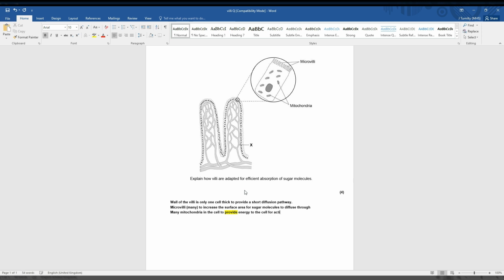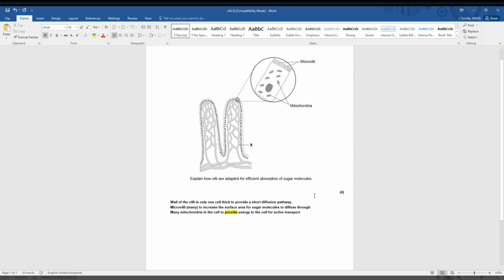for active transport, because some of the glucose will diffuse through the cell. Once we reach a sort of equilibrium, so we've got the same concentration on one side of the villus compared to the bloodstream, then diffusion will slow down and eventually effectively stop. So active transport needs to take over to actually force the sugar molecules from where they're now in lower concentration to the bloodstream where they are in higher concentration.